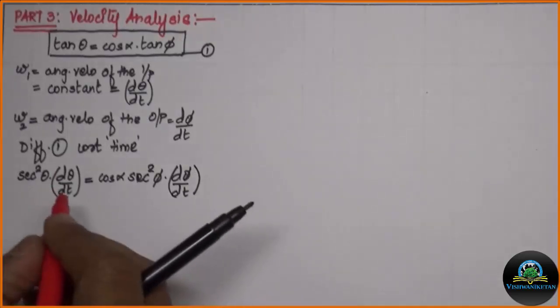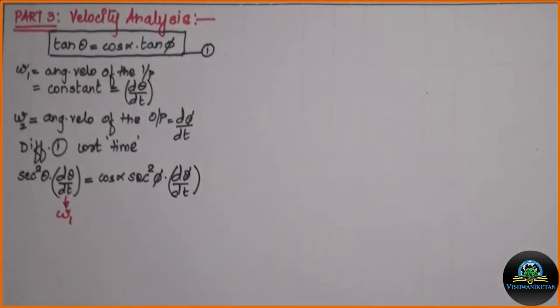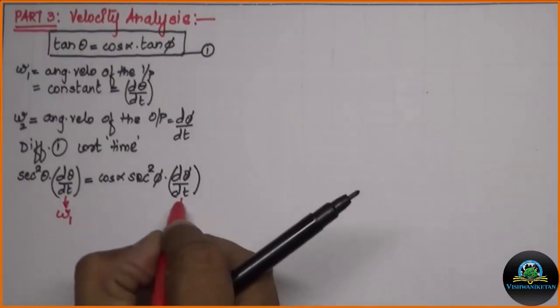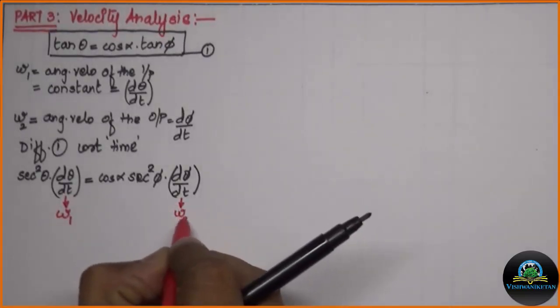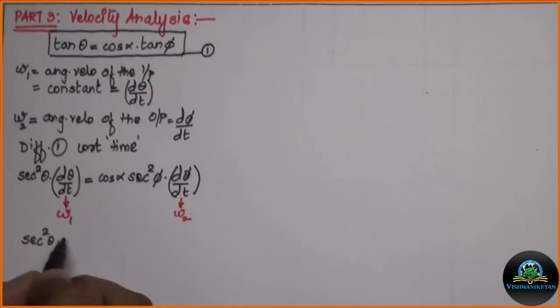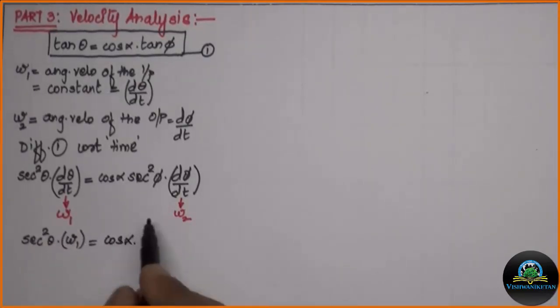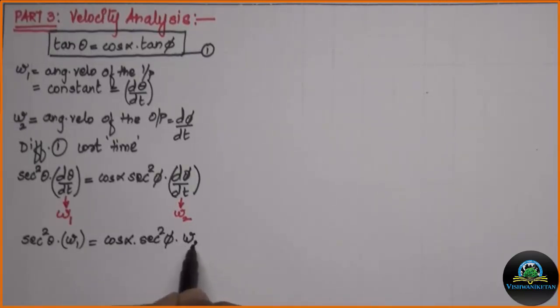Now, this d theta by dt is nothing but the angular velocity of the input shaft, and d phi by dt is nothing but the angular velocity of the output shaft. If you rearrange the terms, you get sec square theta into omega 1 equal to cos alpha into sec square phi into omega 2.